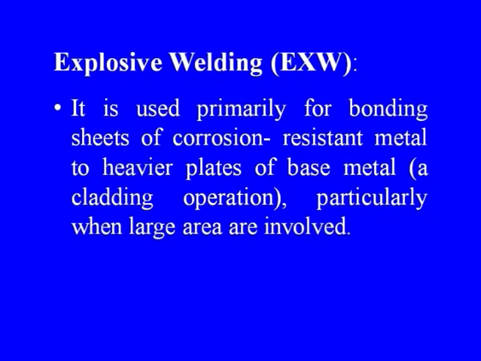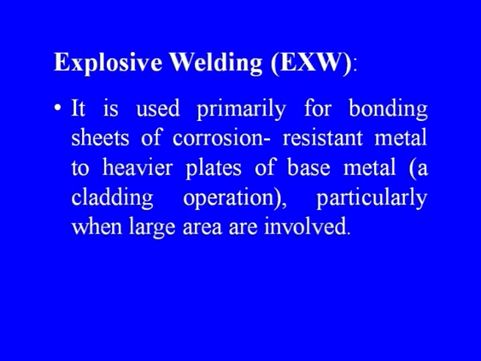Now, let us move on to another non-conventional and advanced joining method or welding method, that is the explosive welding method. This method, explosive welding, in short also known as EXW, is primarily used for bonding sheets of corrosion resistant metal to heavier plates of base metal, say for example, a cladding operation, particularly when large areas are involved.